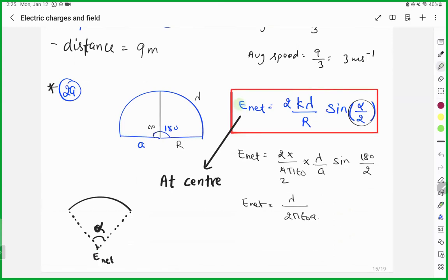If you want to calculate the electric field at the center of anything that has some angle alpha, how to calculate? It will be 2k lambda by r. This is common, we did it already. And because there will be some angle involved, it will be sine alpha by 2.